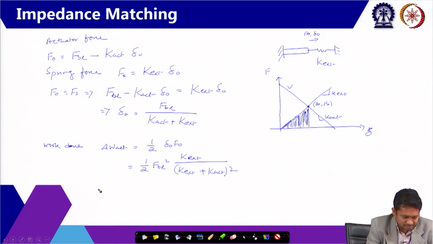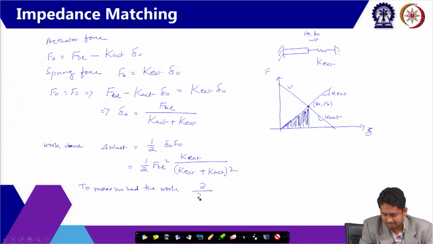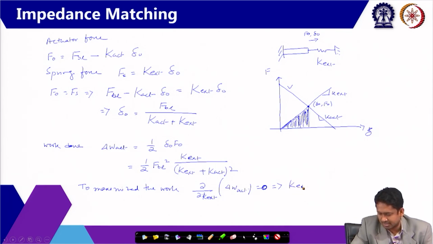Now, if I want to maximize the work, we can just say that the derivative of the external work is 0, and if we set the derivative to 0, this gives us this condition that K external is equal to K actuator.